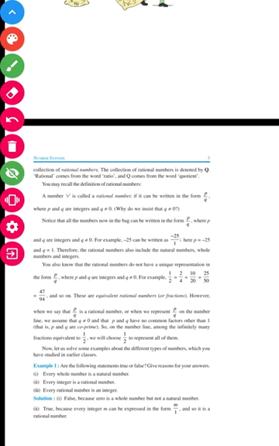Here you can see the collection Q. We denote it with Q because it is a quotient, and we always write all the rational numbers in the form P/Q, where P and Q are integers.